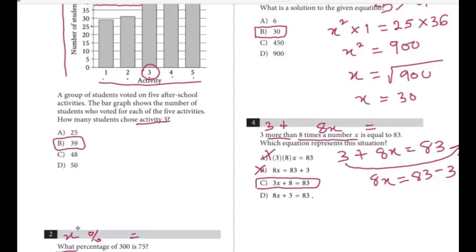So this is the only correct answer that we have here. All these other ones are big traps for you. This one is 3 times x. This one is the only 8 times x, and the question is 8 times a number x.